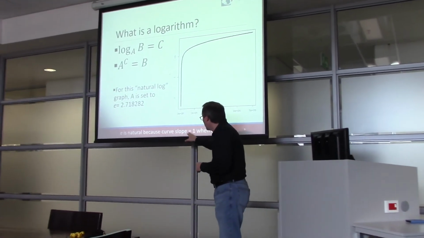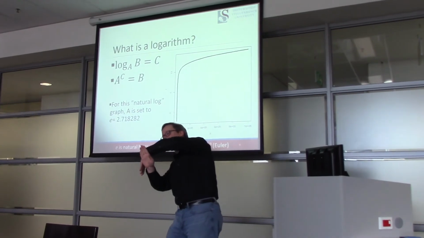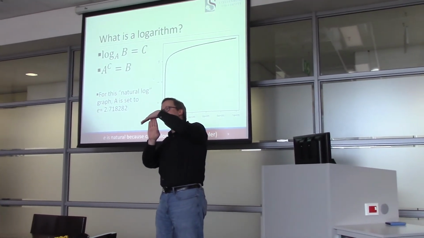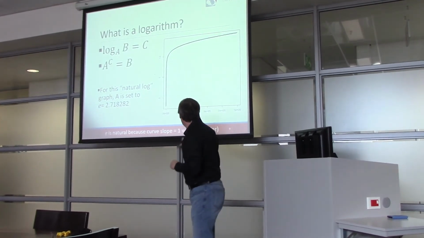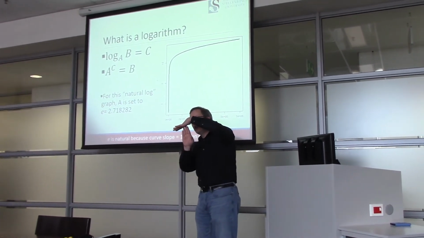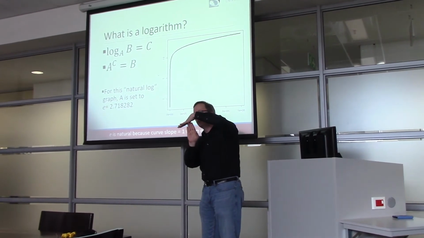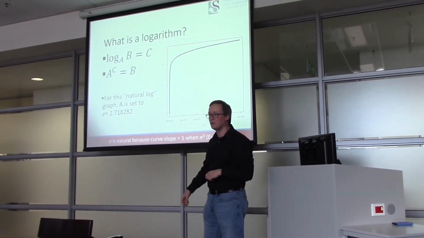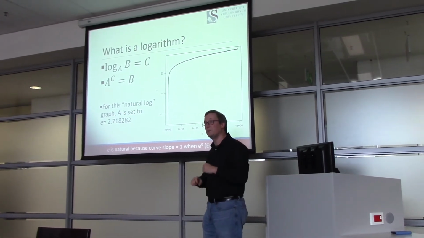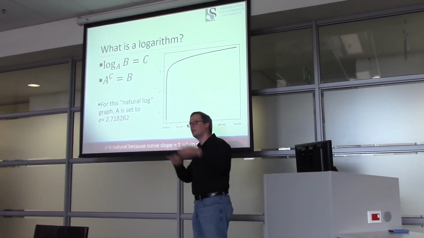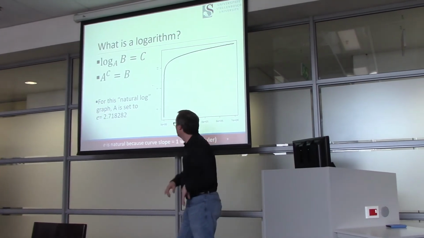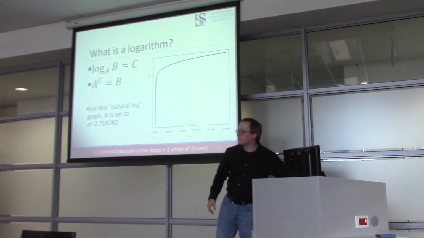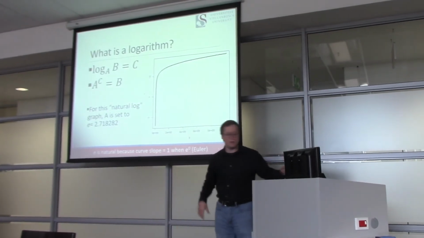But in logarithms, we ask what is the base that, when raised to the 0th power, has finally hit a slope of 1 in its curve. And that's what this 2.718 number is over at the right. So you will frequently see people write ln rather than log base 2 or log base 10. That's because they're using this number base.